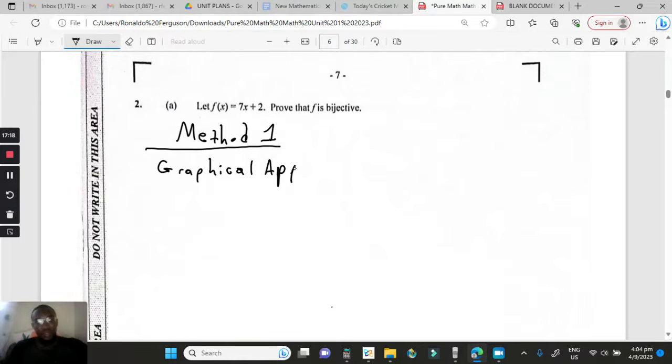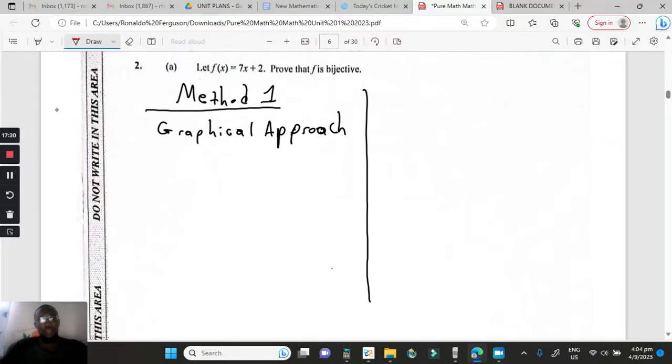So with the graphical approach, all you pretty much do is sketch the function. So let's sketch the function here. So I draw a little graph. F of x is 7x plus 2. So it passes through negative 2 over 7, and the y-intercept is positive 2.